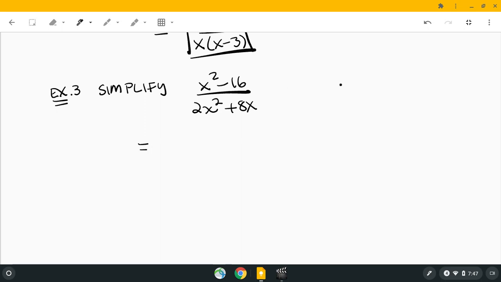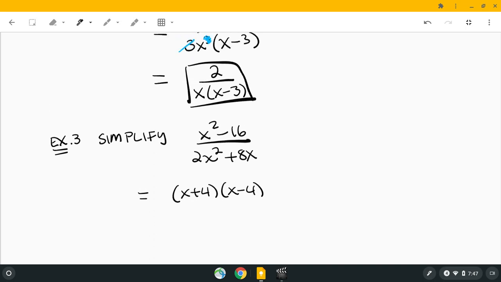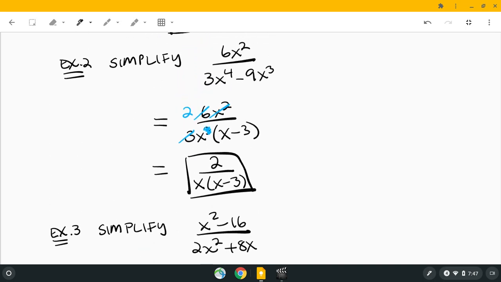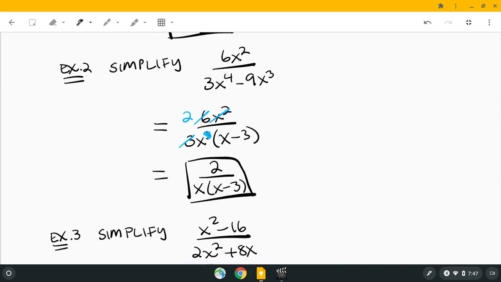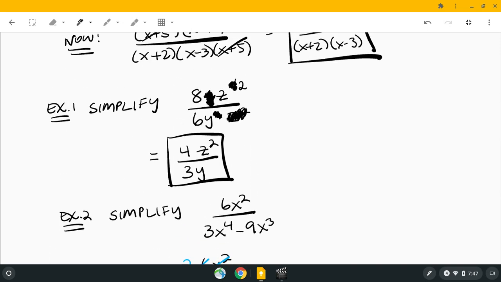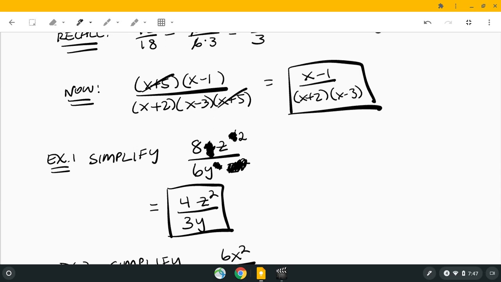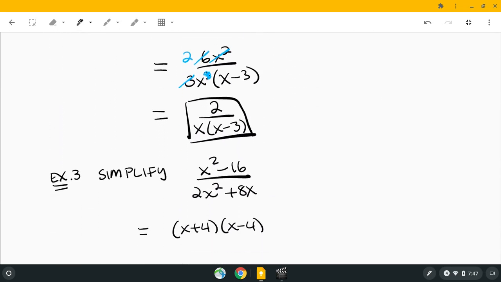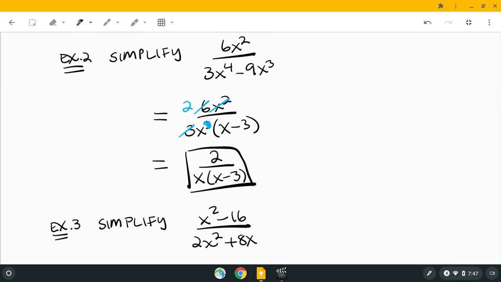So I'm going to factor that, x plus 4, x minus 4. So that's what you need to do here. Maybe we should put a note at the very beginning here. Okay, so right over here, let's start from here. Factor completely.